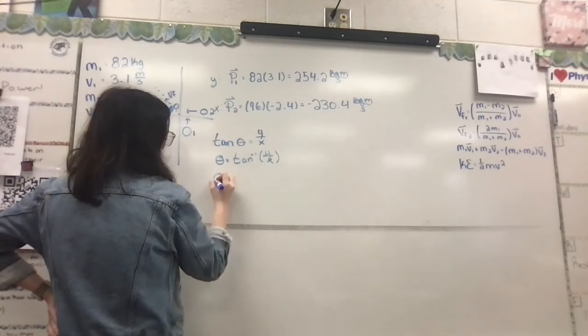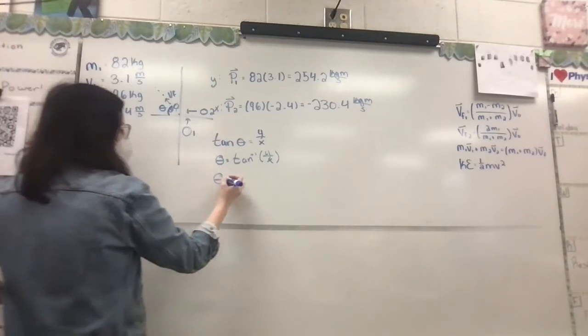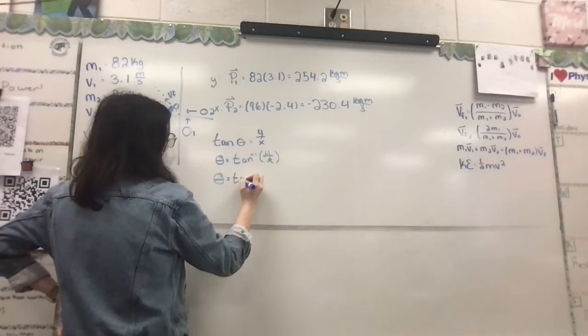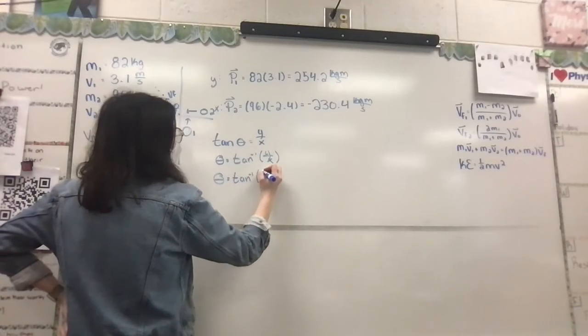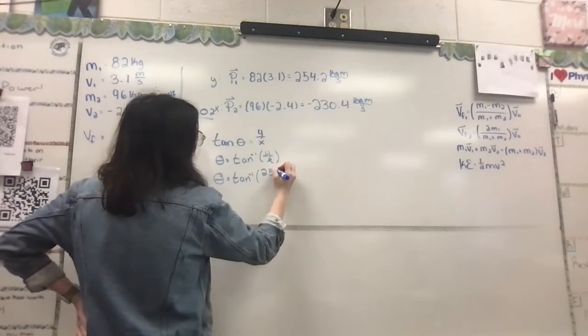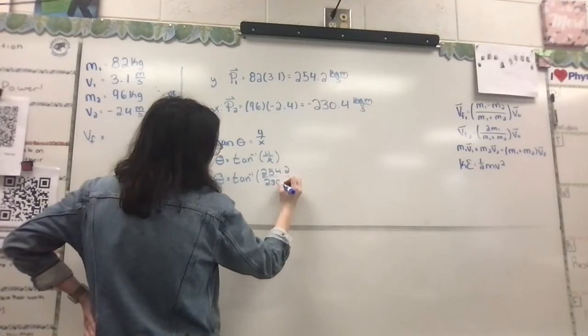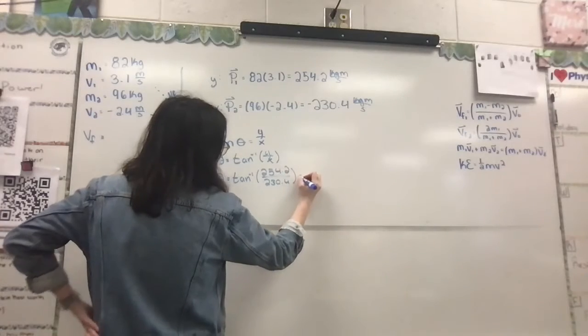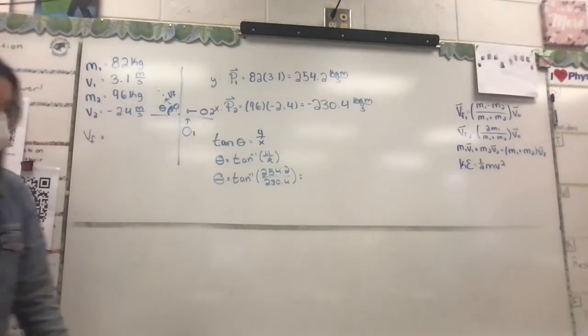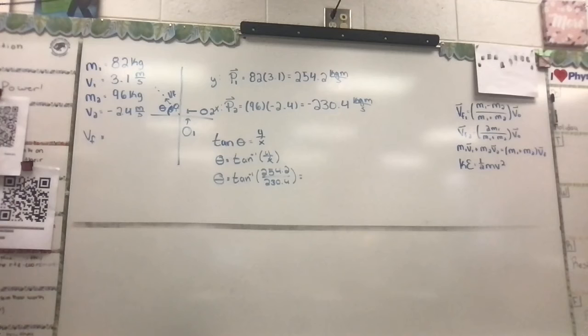So in order to find the theta that our players go off at, we're going to have to do the inverse tangent of 254.2 divided by 230.4. Did we use positive or negative? Did I ever have you plug in negatives when we were doing vectors?